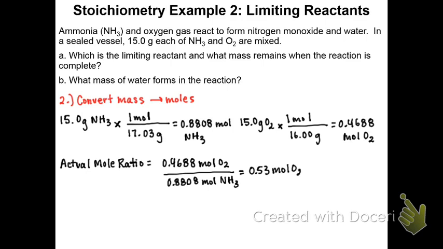Dividing the moles of oxygen by moles of ammonia tells us that we have 0.53 moles of oxygen for every 1 mole of ammonia. That's less than the 1.25 that's required. So we don't have enough oxygen present to react with all of the ammonia, and so the oxygen is the limiting reactant.